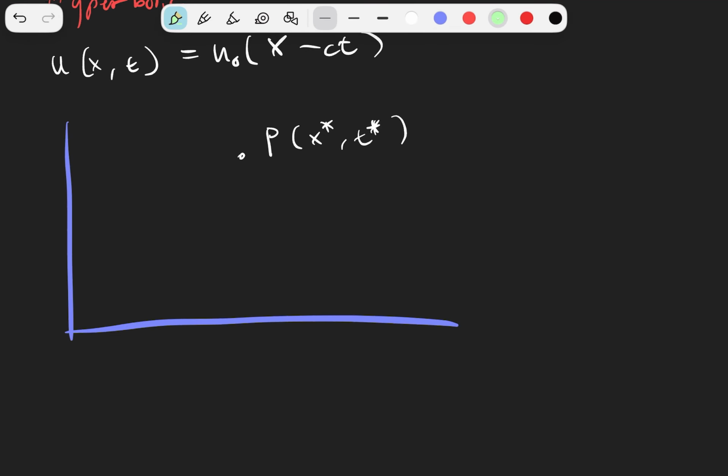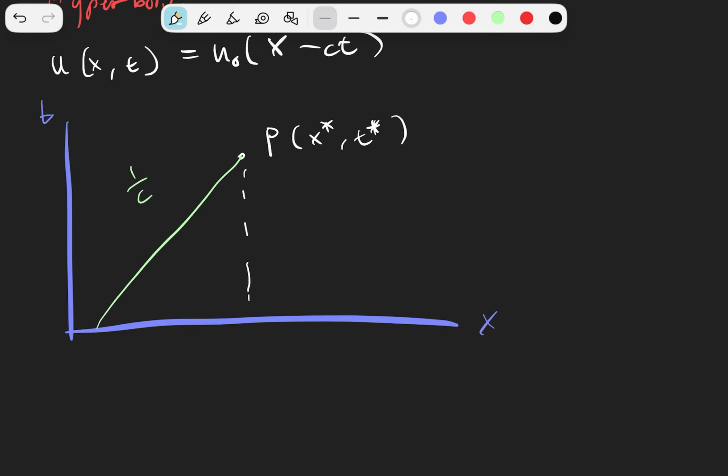What we can do is from that point, and let's say this is X here, and this is time, so it's space and time, we would have a line that is parameterized. Oh my God, it's not even straight. That would have a slope of 1 over c. And this is what we would call the characteristic curve.